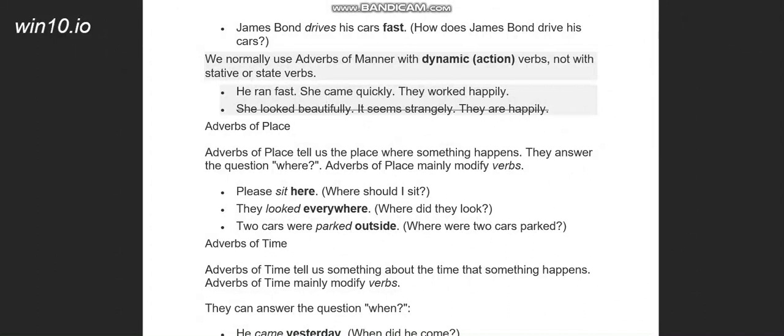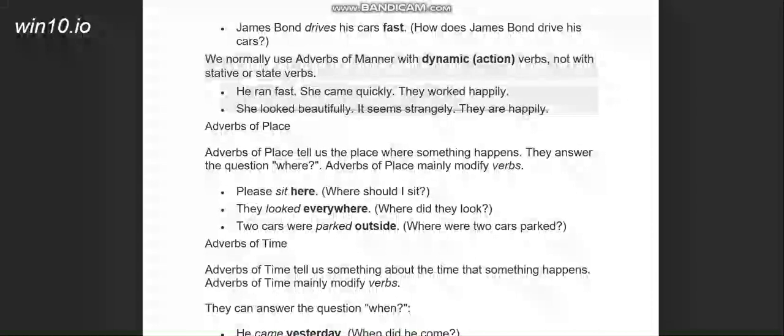We use he ran fast, she came quickly, they worked happily. So we always use the adverb of manner with action, dynamic verbs, something which is in a changeable form, not something which is stative or cannot move.